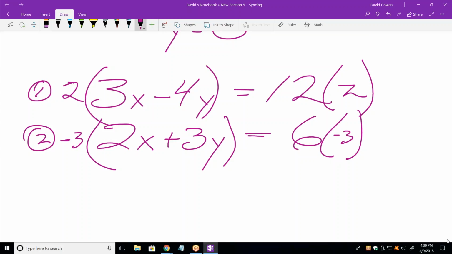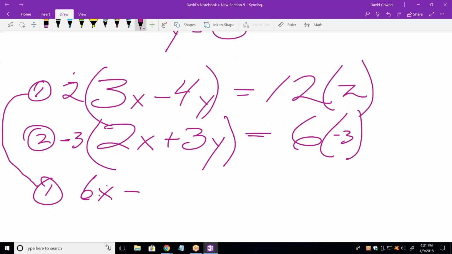Now, what's my new number 1 equation? Remove the parentheses. Number 1 would be 6x plus, by 2, 24.